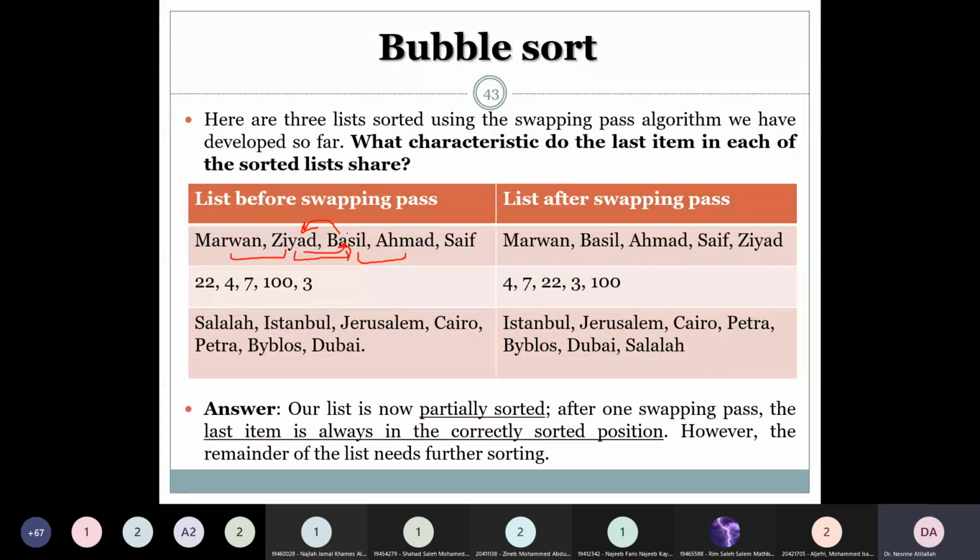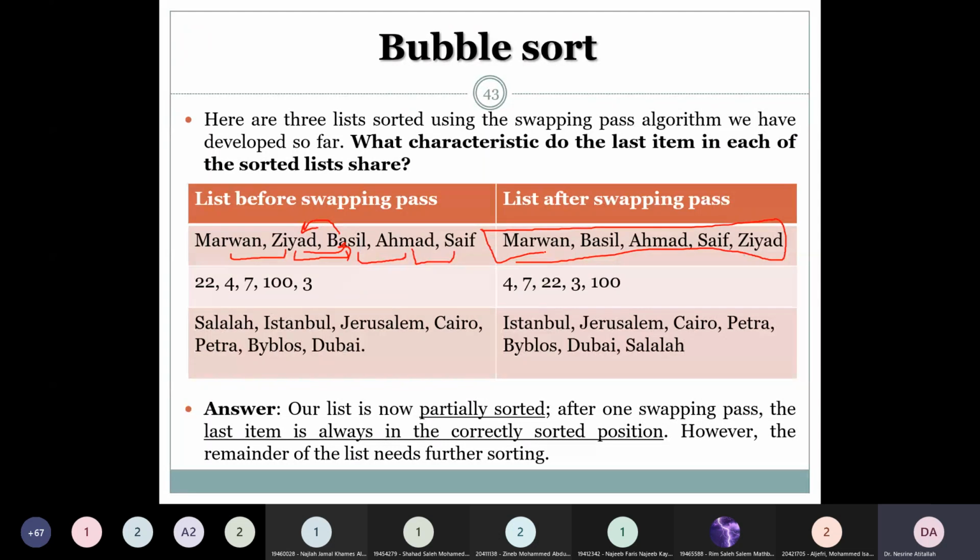Ziad and Ahmed are not in the right order, so I will swap them. So here I will have Basil, here Ahmed, here Ziad. I will compare Ziad and Saif, and I will have this one. Okay, this is the output of this swapping pass algorithm that we have applied.